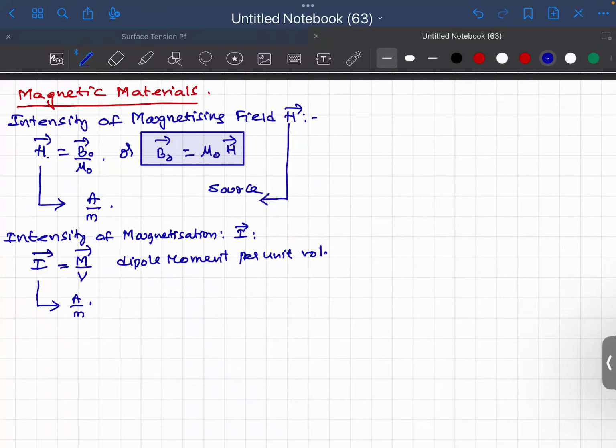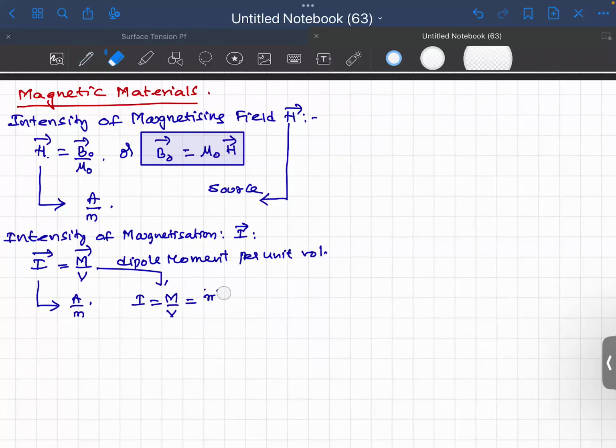If you know one more important point, magnetic moment by volume. Magnetic moment is, suppose if there are n number of dipoles, each of pole strength m, length 2l, volume refers to cross-sectional area into length, for example.